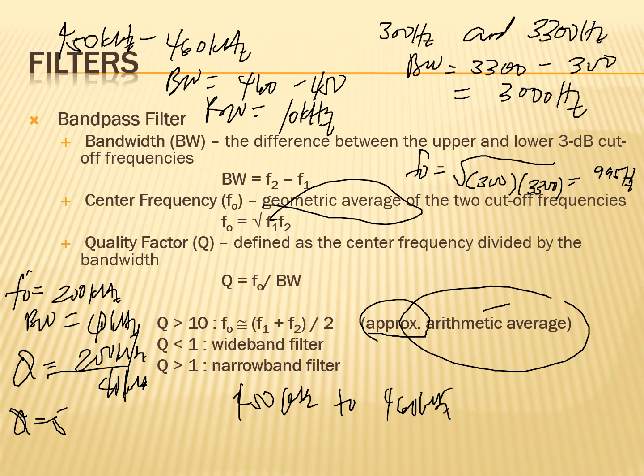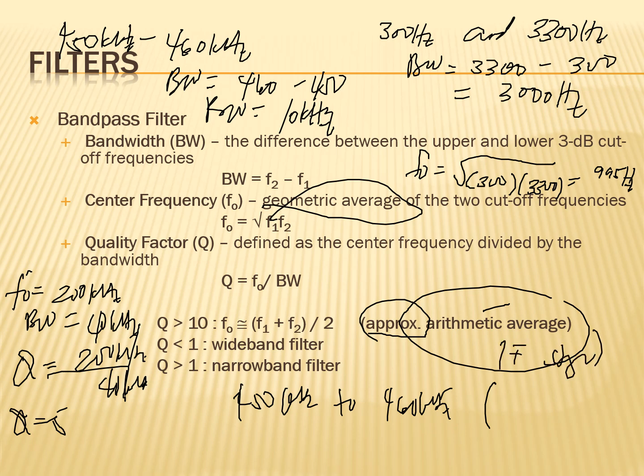If you have read or watched the videos regarding the principles of communications, this must be familiar to you. These two frequencies must be familiar because this is a bandpass filter being used in the IF stages, intermediate frequency stages.